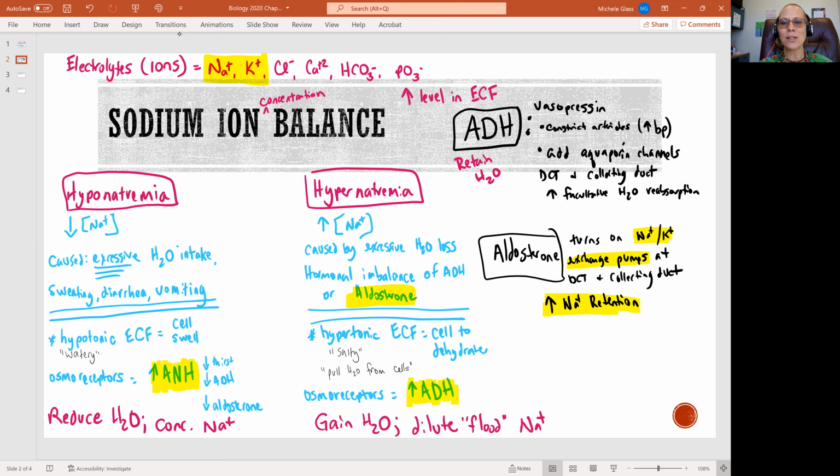And so really, the major takeaway here is wherever the sodium goes, water follows. And the way that we regulate sodium is actually through the manipulation of that water.